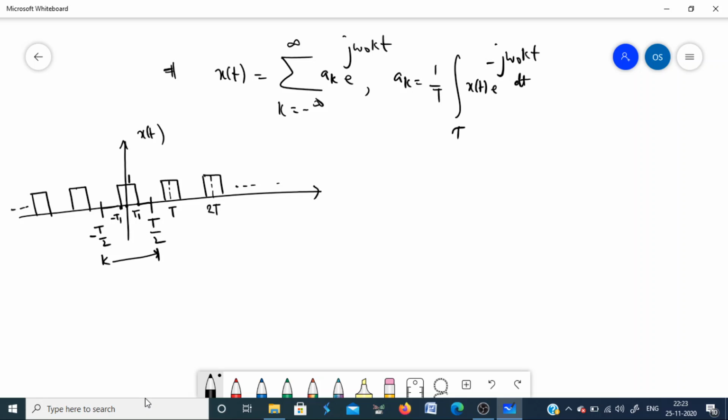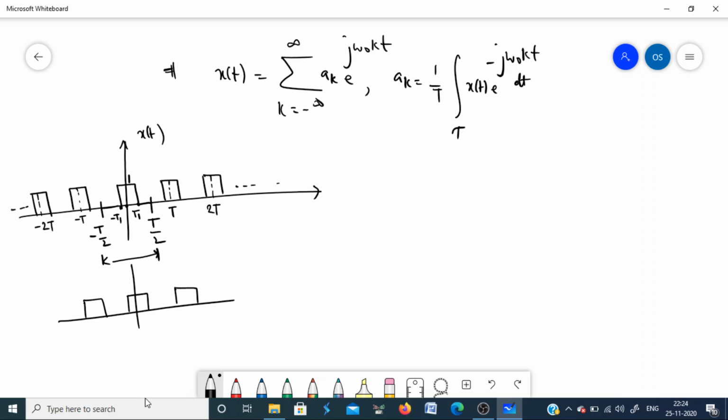Similarly this point here is minus T, this point is minus 2T, and so on. So you have to find this for the general case, otherwise you can take any value of T and any value of T1. I might take T as 4 and T1 as 1. In that case this problem will become like this.